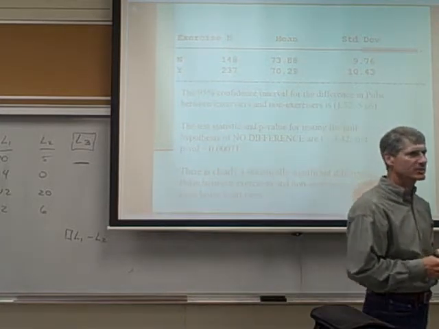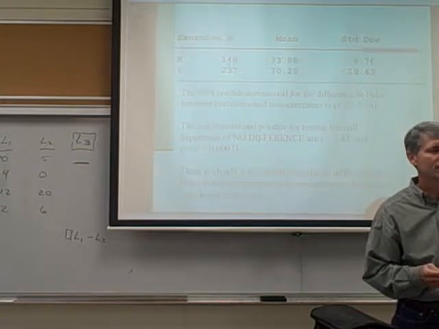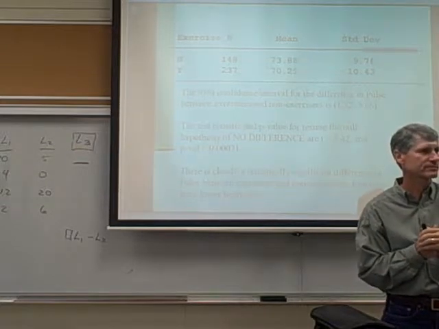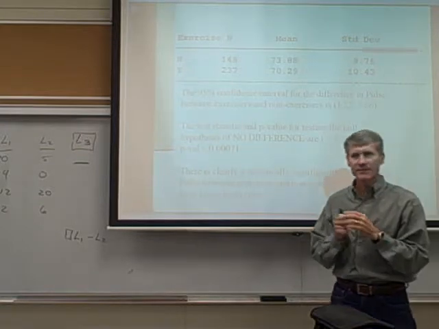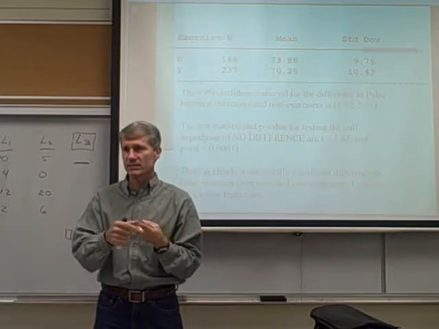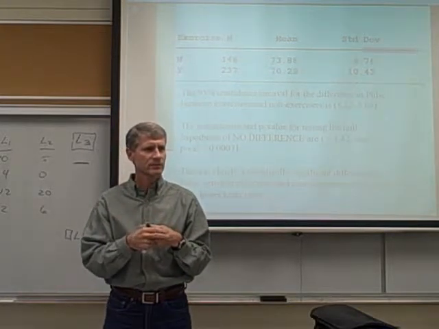But think back to chapter 3 when we did contingency tables and we looked for association between two categorical variables. I've got two categorical variables here, smoking and exercise. Was there an association between those variables?